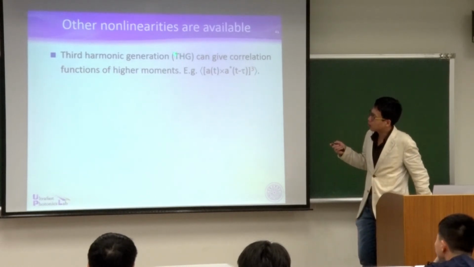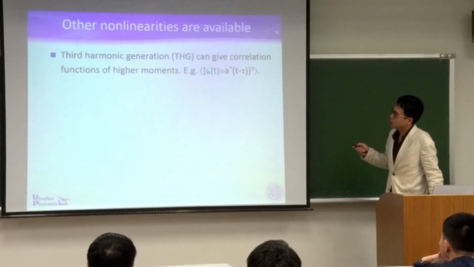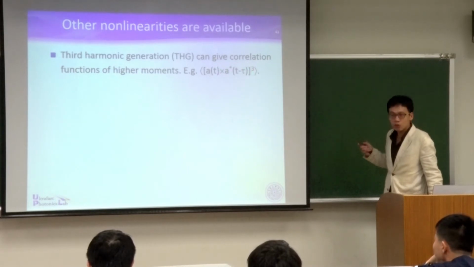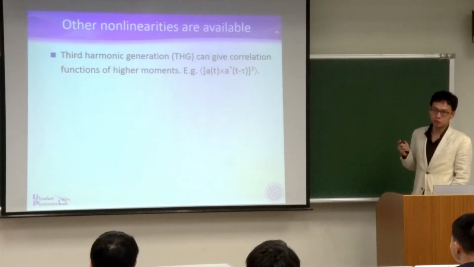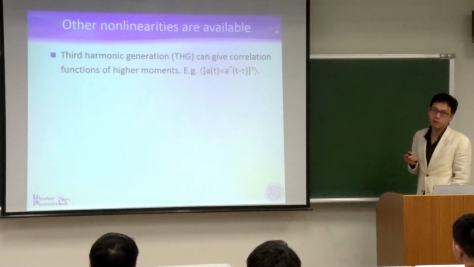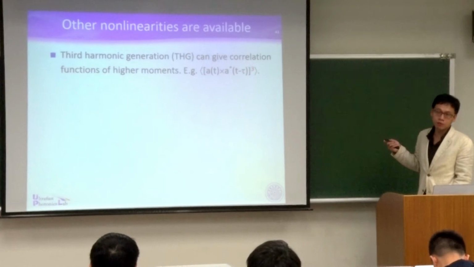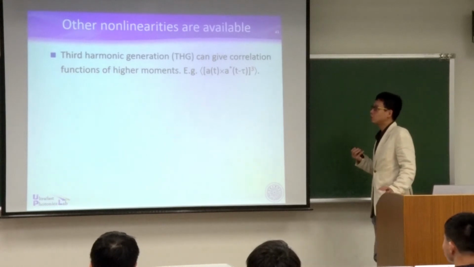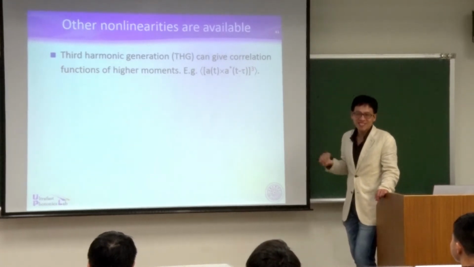Now, with the employment of third harmonic generation, maybe you can measure something like this: the average of A of t times A of t minus tau complex conjugate, in parentheses, cubed. This is the third order correlation function, which you can obtain through such a measurement. With second harmonic generation, you don't have this; at most it's a square, which we have seen. Okay, so if you use higher order nonlinearities, you can have higher order correlation functions.